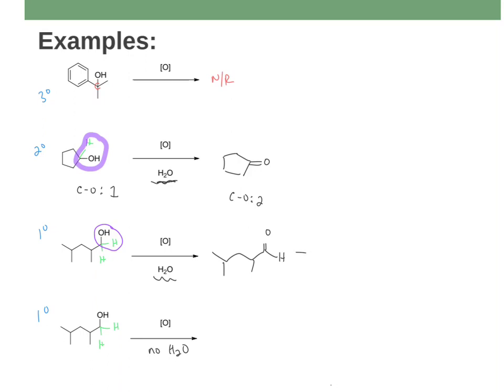But since we have water here, we know that this molecule in the presence of water is also going to look like this. And that means that I can square off another OH and H to turn it into the carboxylic acid. And that would be my final product.